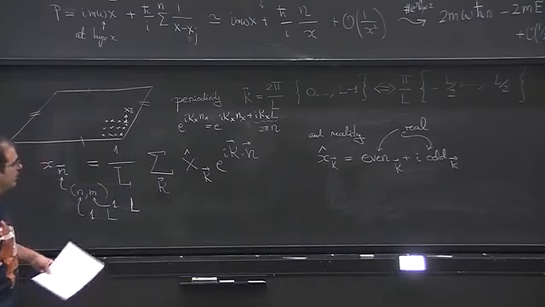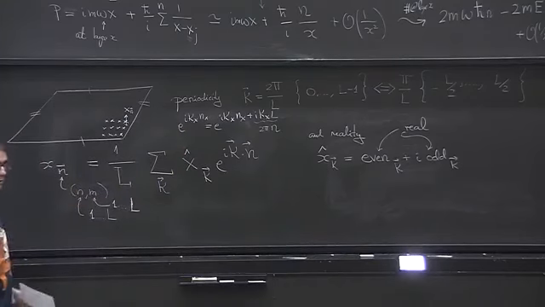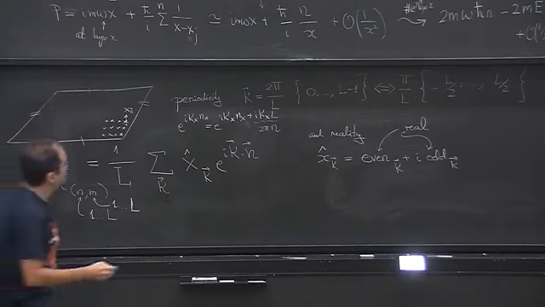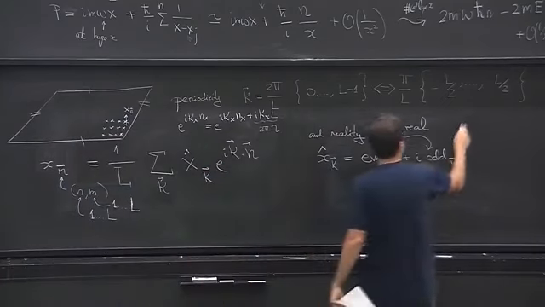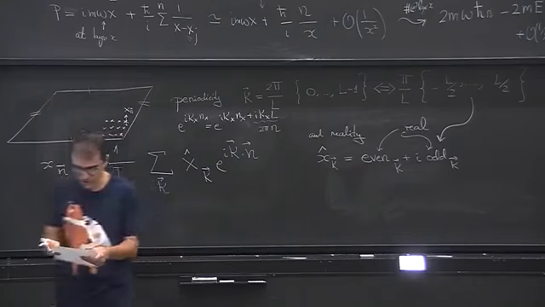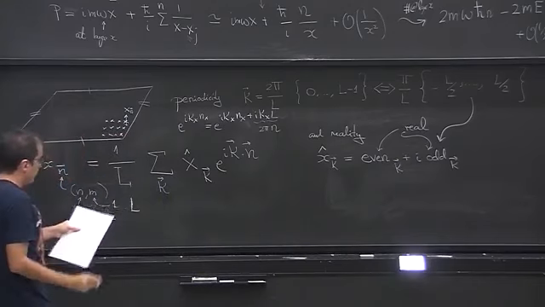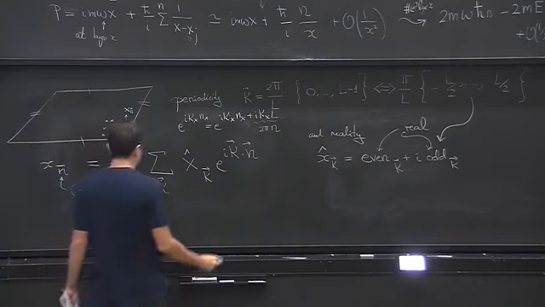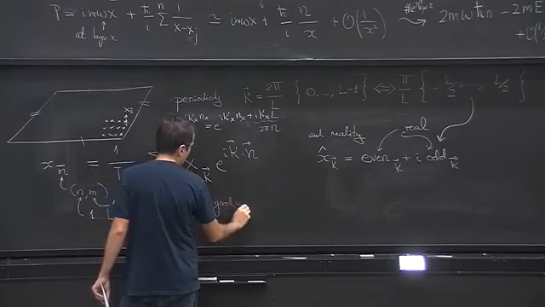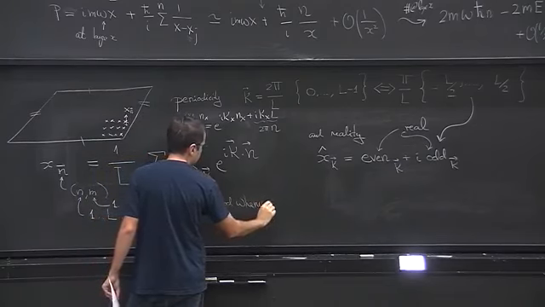Which L values doesn't matter, I can shift. 0 to L minus 1 is easier to count, but minus L over 2 to L over 2 is more symmetric. Okay? And when I consider this notation, then I have this nice even and odd reality conditions. So good. And this change of variable is good whenever we have translation invariance.